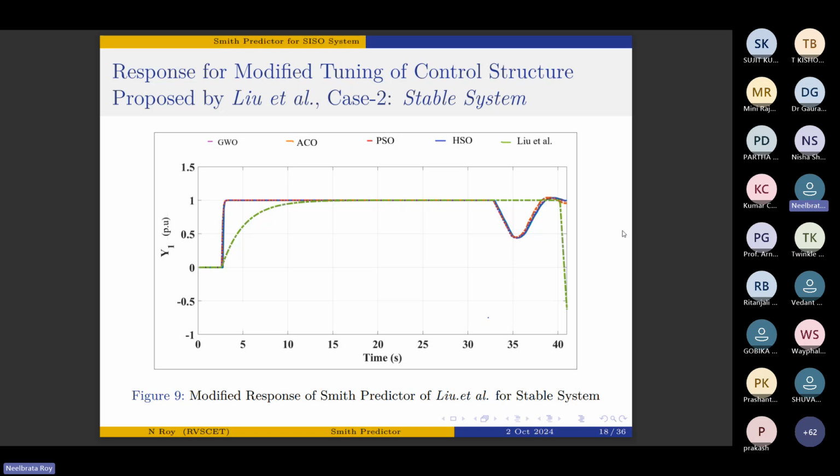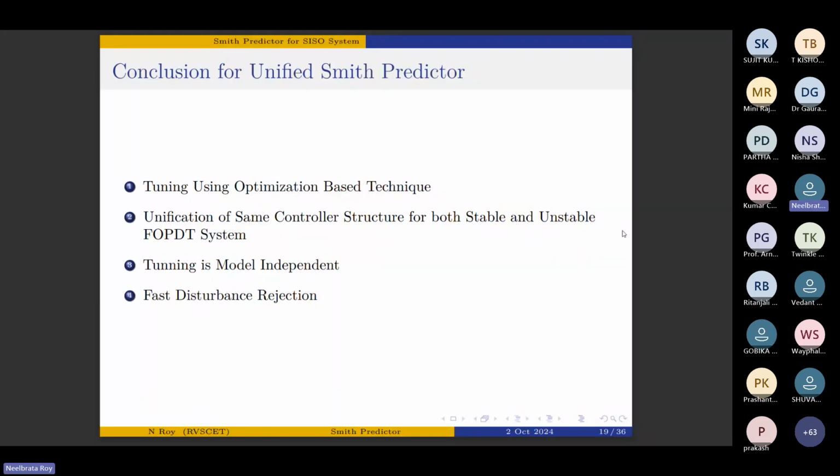So on tuning the control structure proposed by Liu et al. with gray wolf optimization based tuning, we get better results than the previous. Thus, we can conclude that tuning using an optimization based technique is best suited.